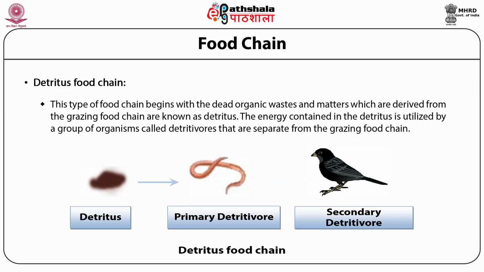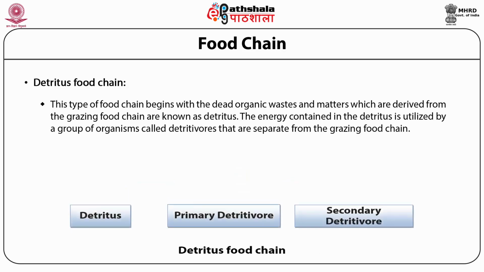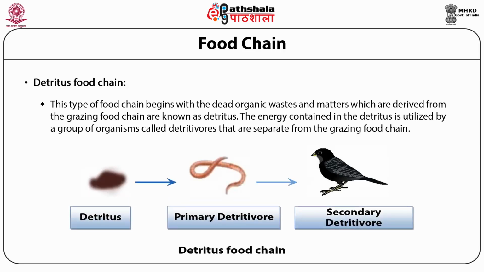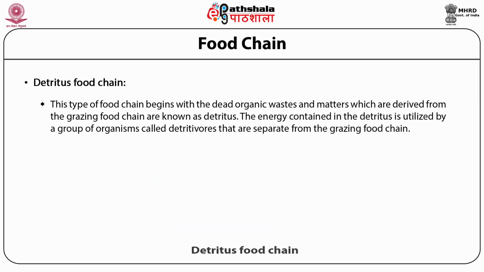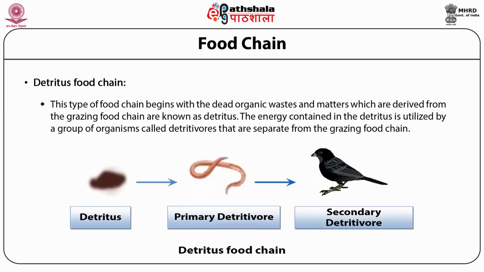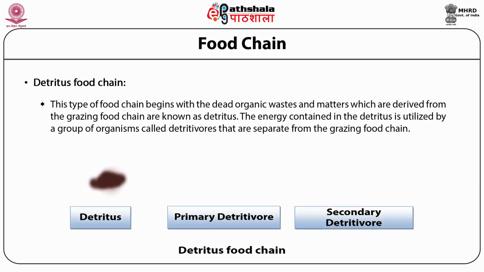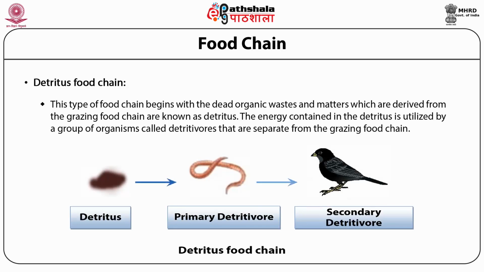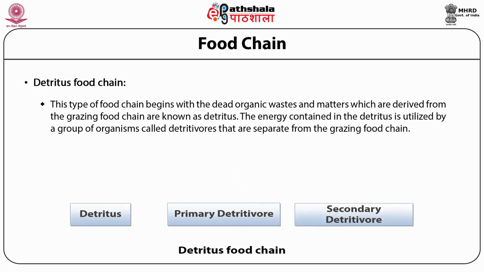The energy contained in the detritus is utilized by a group of organisms called detritivores that are separate from the grazing food chain. The detritus food chain starts with dead and decaying organic matter and moves through microorganisms like bacteria, fungus, etc., to detritus feeding organisms that are detritivores and then their predators.